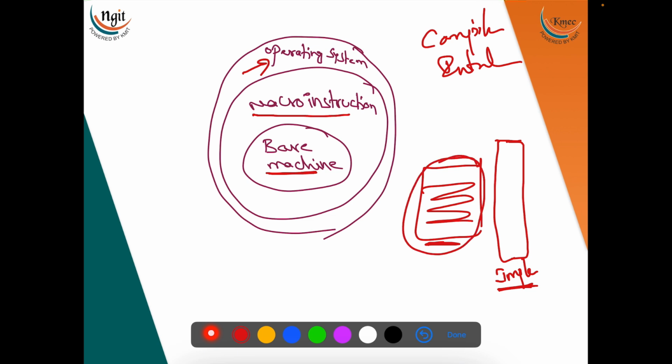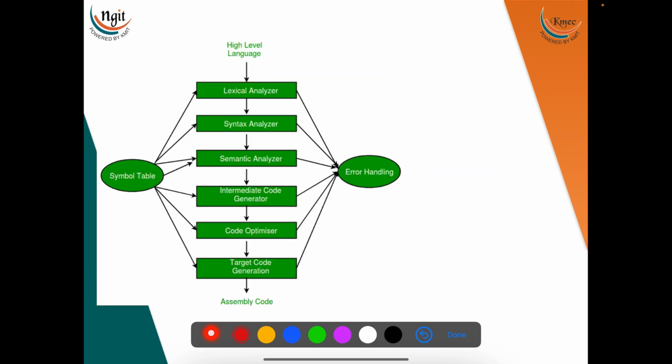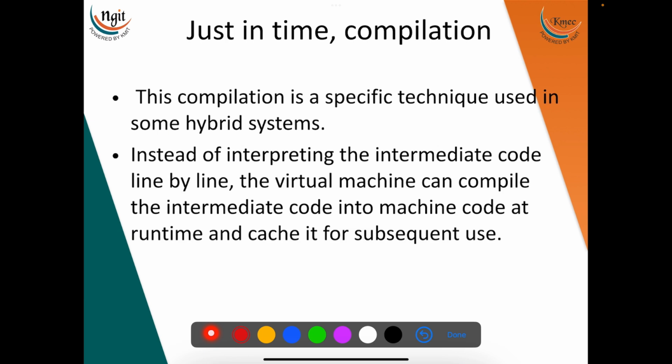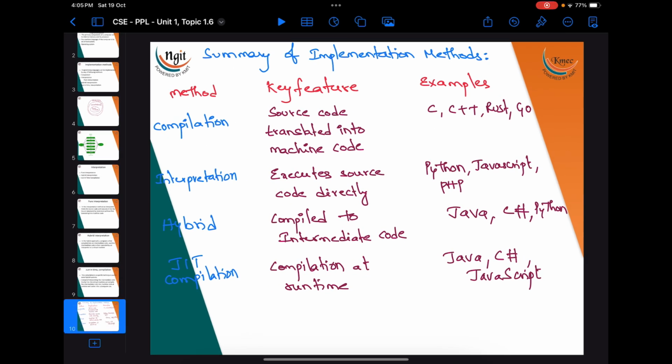Whatever micro instructions we are writing will be compiled or interpreted, that is, implemented by language implementation methods. So those are basically compilation and interpretation. We'll go back to the slide now.